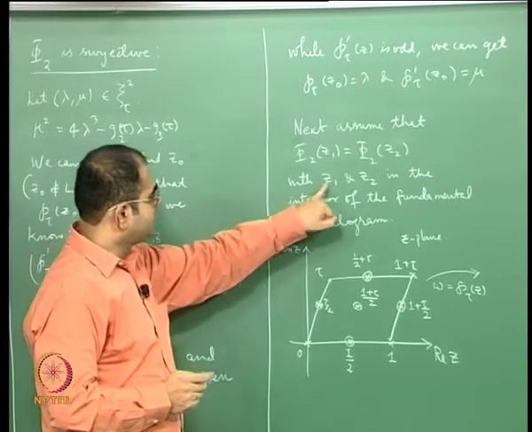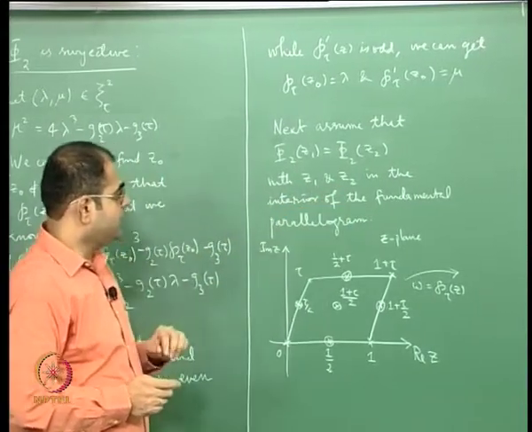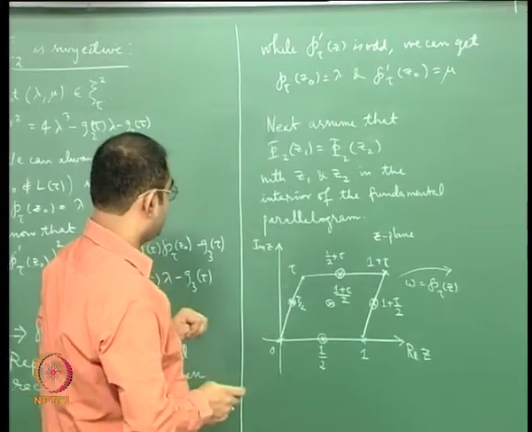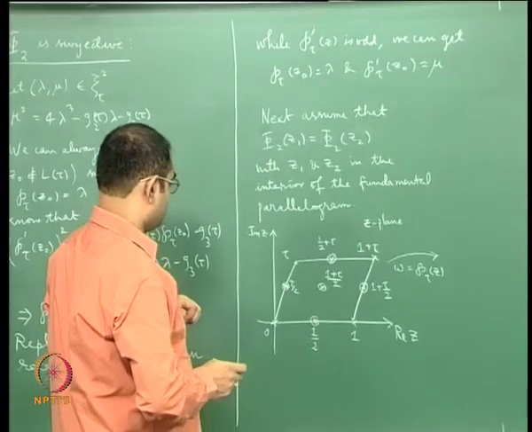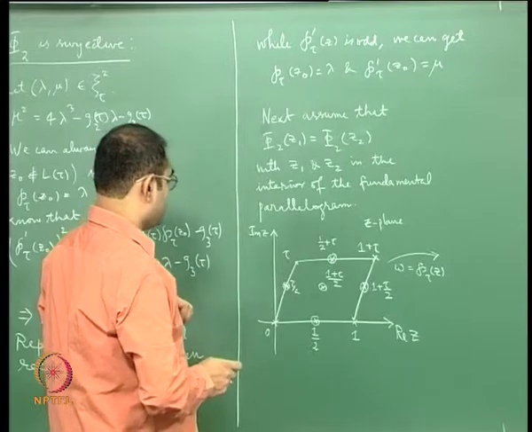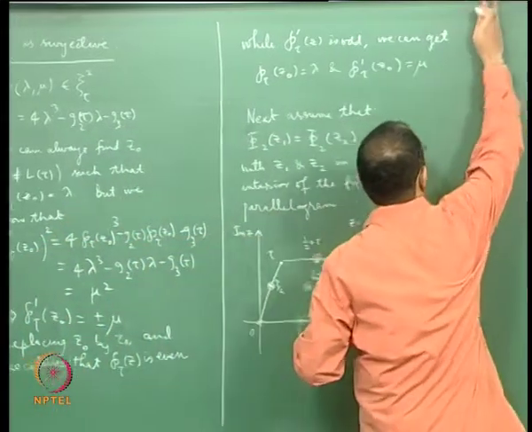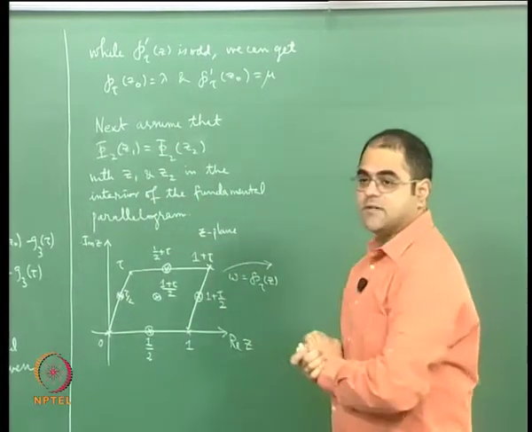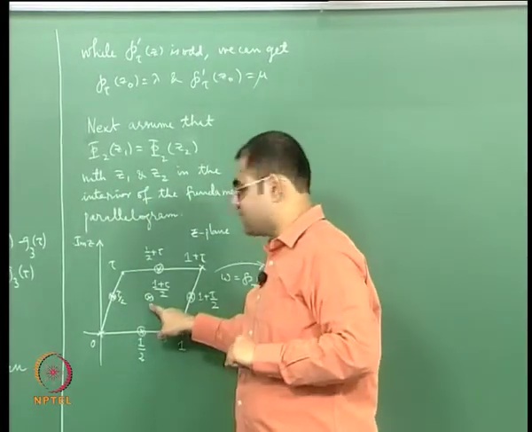Now I have taken Z1 and Z2 in the interior of the fundamental region. Let me first look at the case when neither of Z1 or Z2 is this 0.